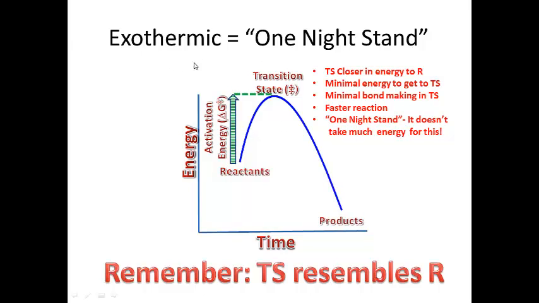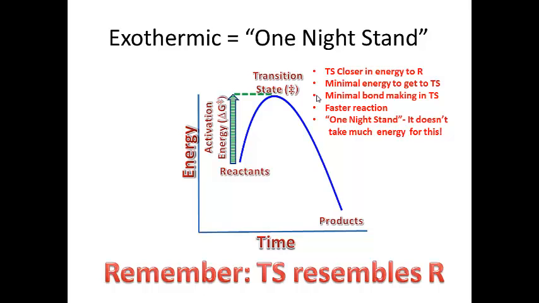For an exothermic reaction, the Hammond postulate says that there's not a whole lot of bond breaking and bond making in the transition state. It really looks like what you start with, the reactants. So because the transition state is closer in energy to the reactants, there's minimal energy to get to the transition state, not a lot of bond making. It's a much faster reaction, and so I liken it to a one-night stand, right? It doesn't take much energy to do this.